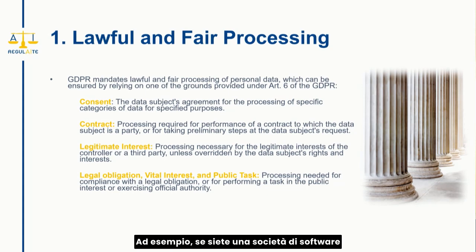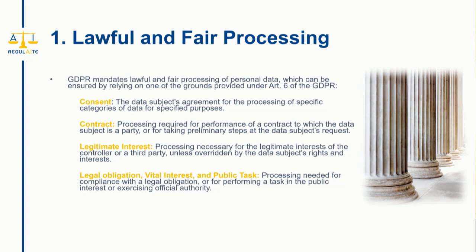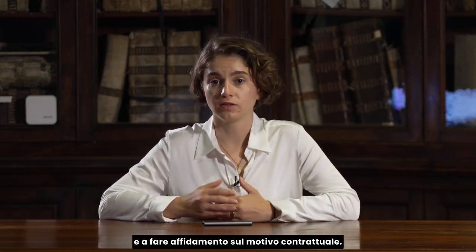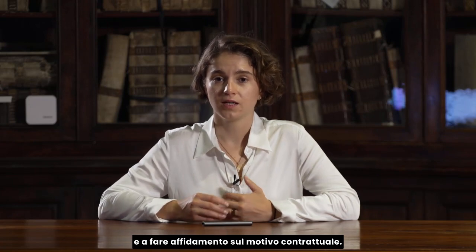For example, if you are a software company providing a software license to your customers, you may be prone to use their personal data, usage data, troubleshooting data to improve the algorithm and to rely on the contract ground. However, it should be noted that this ground can be used only if the processing is strictly necessary for the performance of the contract.